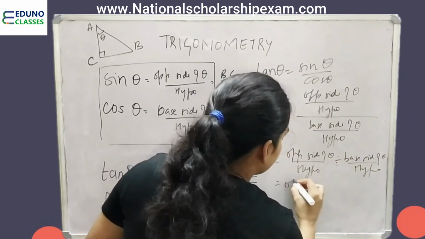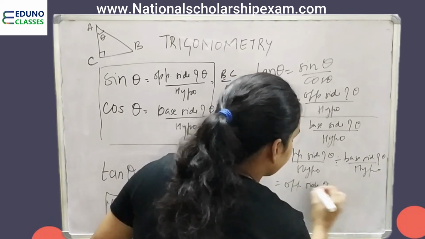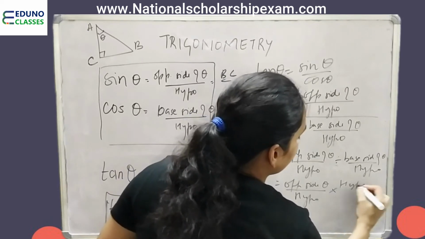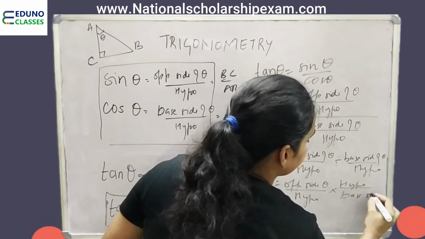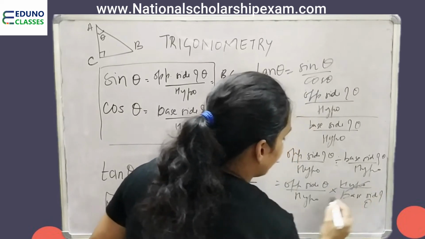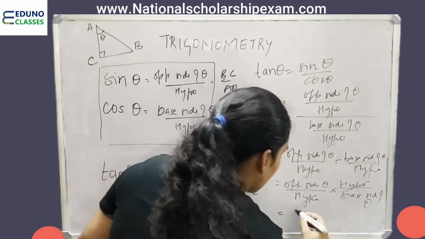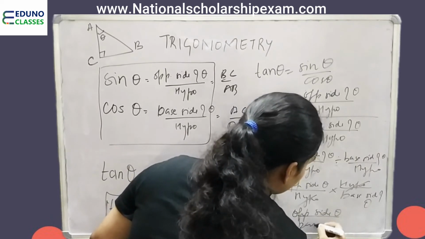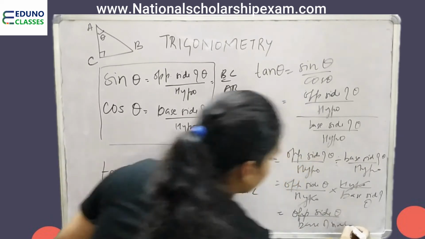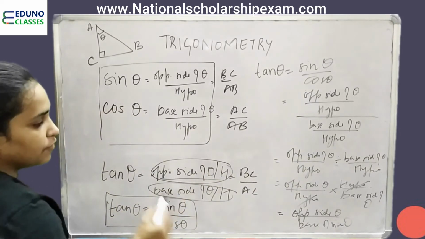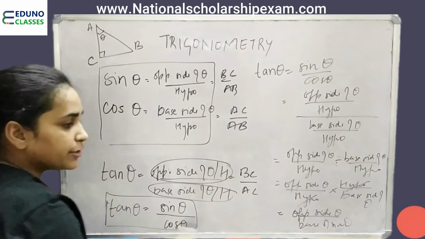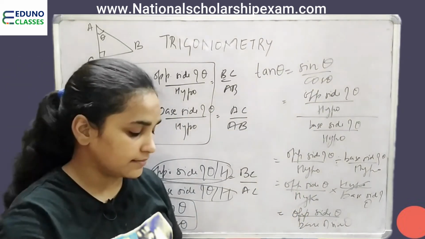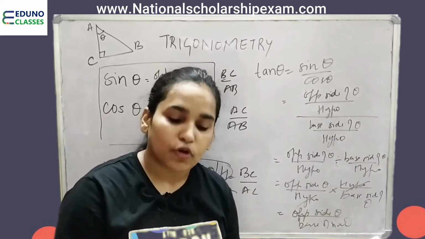Now divide will change into multiply, and this will get inverted, hypotenuse upon base side of theta. Hypotenuse got cancelled. Now we are left with the opposite side of theta upon the base side of theta. This is the formula, right? Tan theta was equal to the opposite side of theta upon the base side of theta, and we have derived it using sin theta upon cos theta.